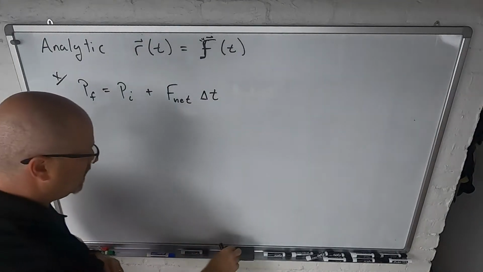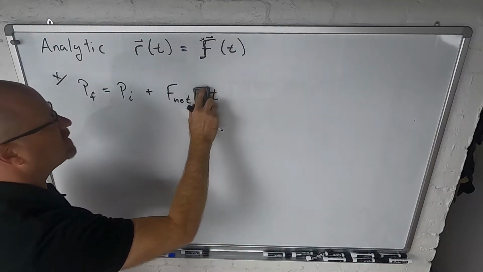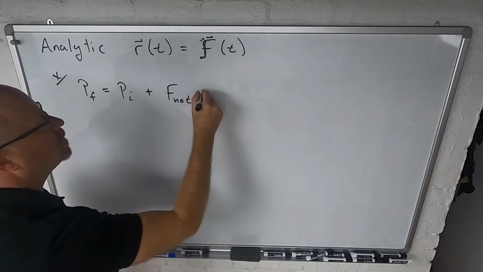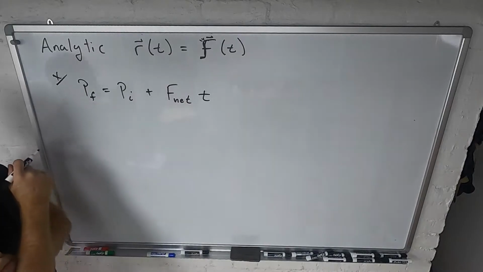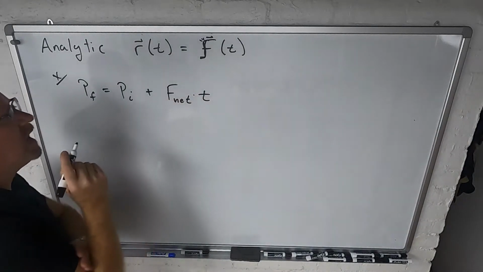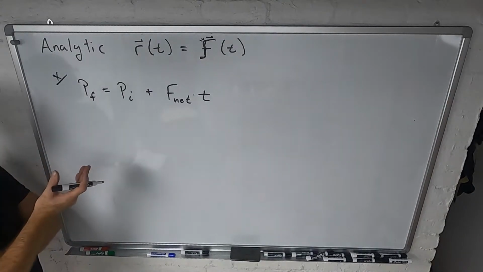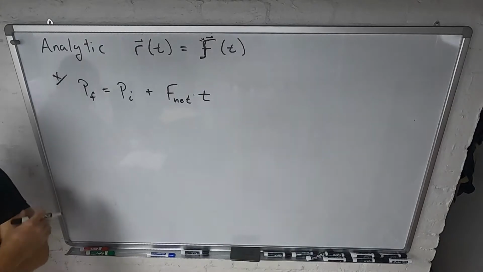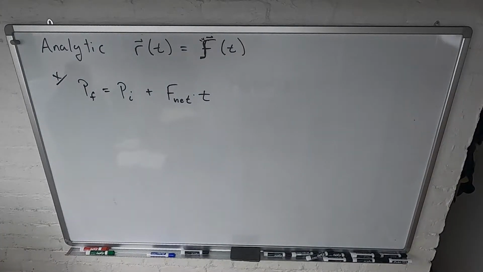And because I want t to be a continuous function, I'm no longer going to work with deltas. I'm going to erase that delta and just put t here. F net times t. Because I want a solution that doesn't have to worry about iteration. I don't want there to be iterative pieces.